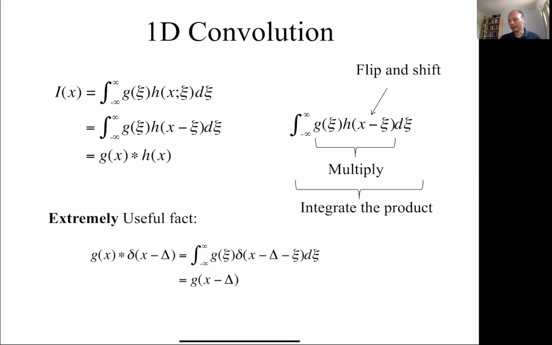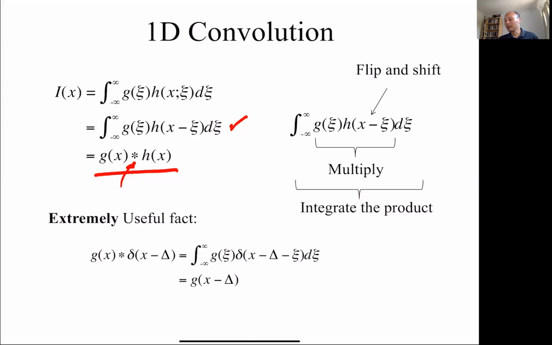So this is the convolution integral: g of xi, h of x minus xi. Those are multiplied together, and then you integrate over, in this case, d xi. The way we write this is g of x, and we typically use this star asterisk symbol to represent convolution. So what does this mean?